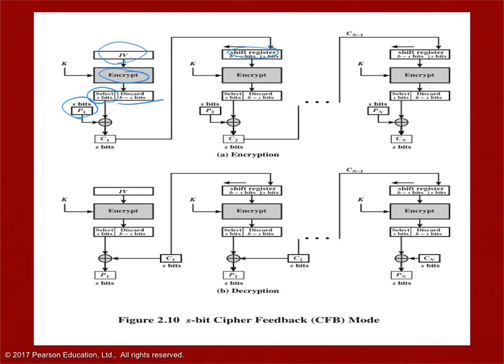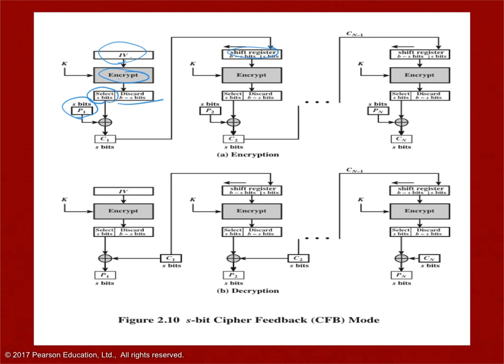So here, the big document is divided into blocks, and we only use half the block. The complexity here is double. The complexity of cipher feedback mode is actually double the complexity of any other mode of operation.